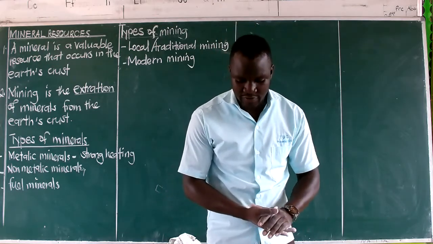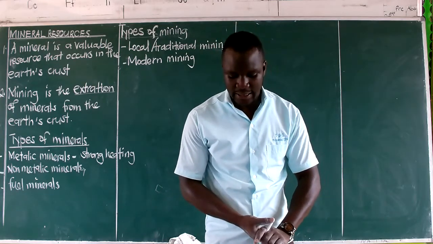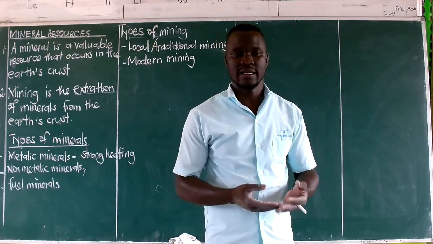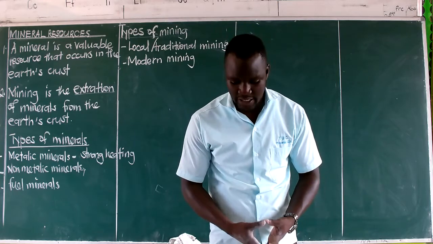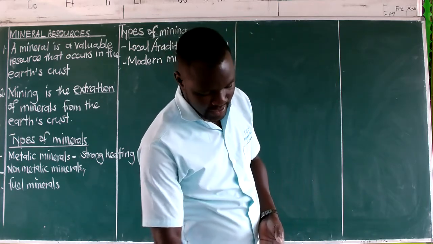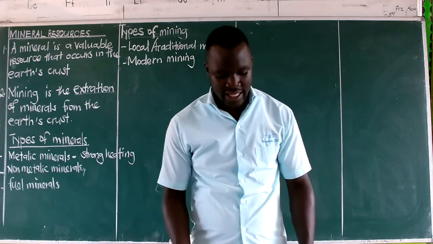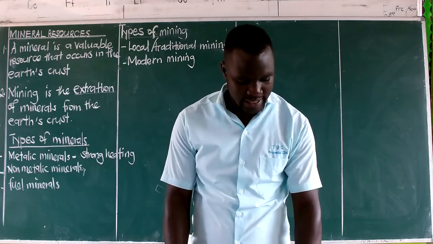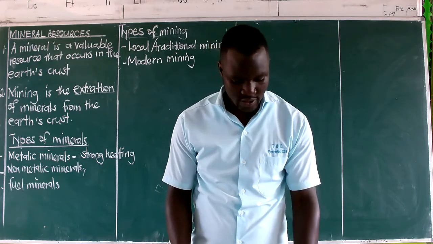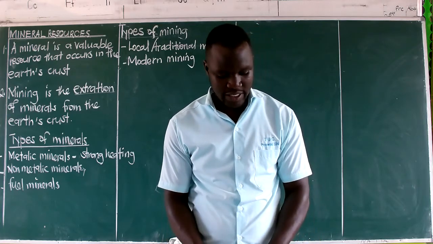So examples of minerals we have water, and that is when they are drilling a borehole, you'll find they use these pipes. And then petroleum products, petroleum as a mineral can also be extracted this way. And then we have what we call alluvial mining. That is the one which is used on alluvial soil or sand for getting the minerals.